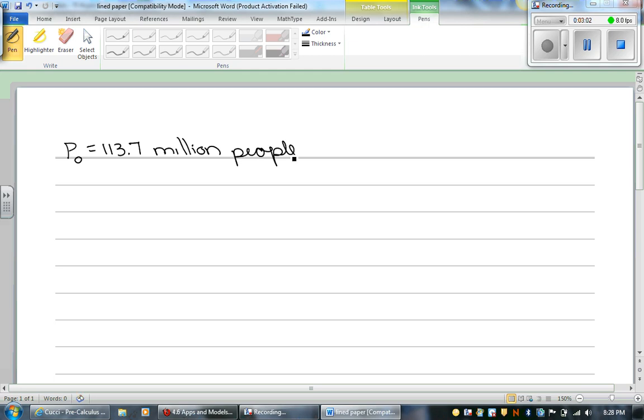So that's one of our knowns. And we know that was in year 2011. We also know that our growth rate, which we call k, was 1.1%. So that's our growth rate. We need to be able to pull out all that important information.